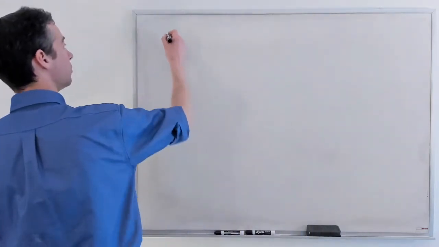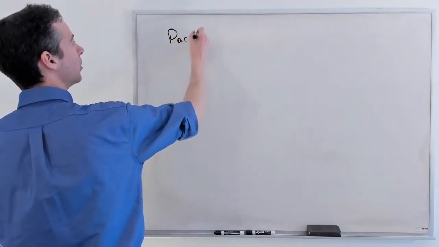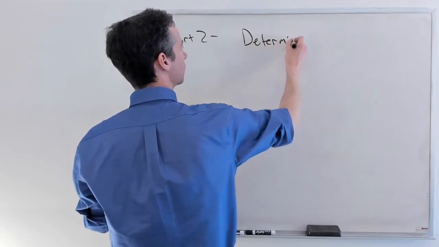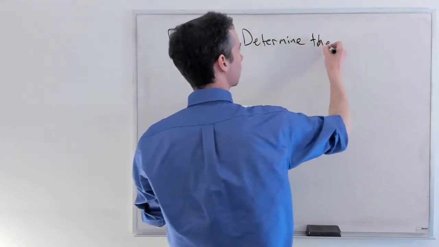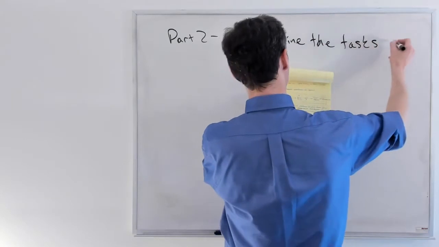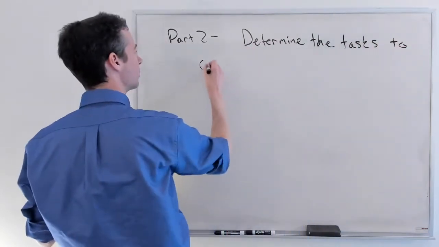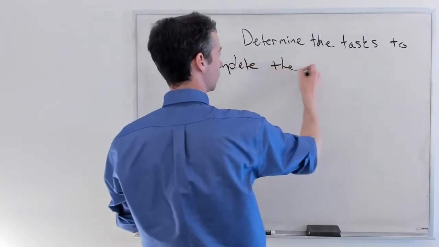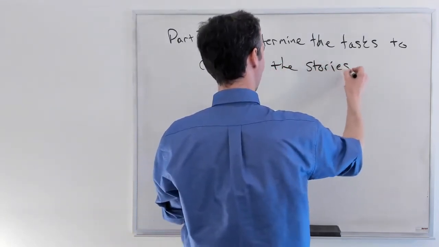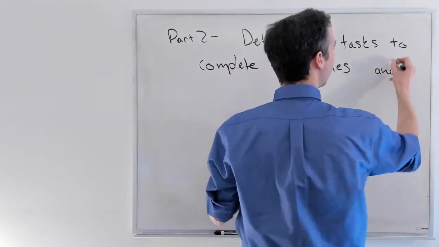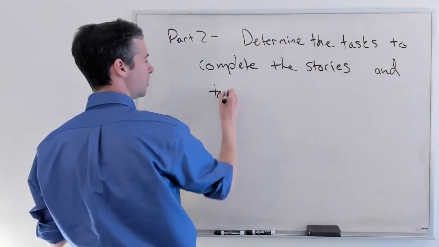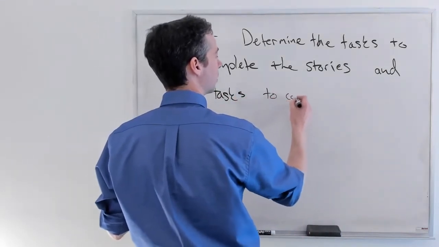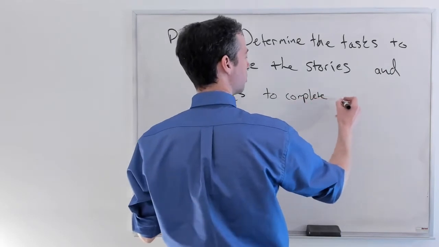So in part 2 of the meeting, this is where you determine the tasks to complete the stories that you selected to do, and any other tasks that you can envision to complete the sprint.